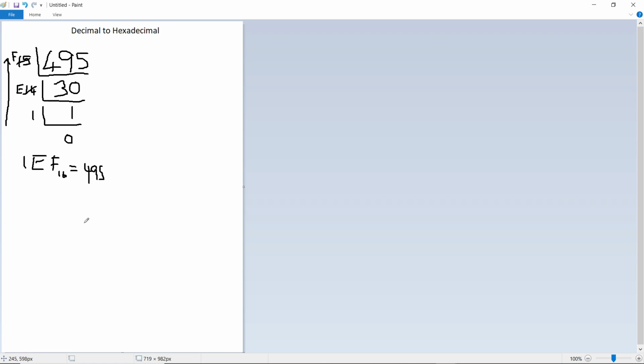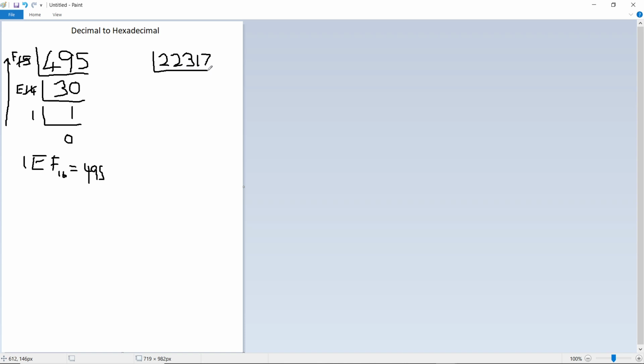Well, let's try another one. Okay, let's maybe pick a bigger number this time. So I'm going to pick, let's say, 22317. So there's a decimal number, 22317. Let's convert that.